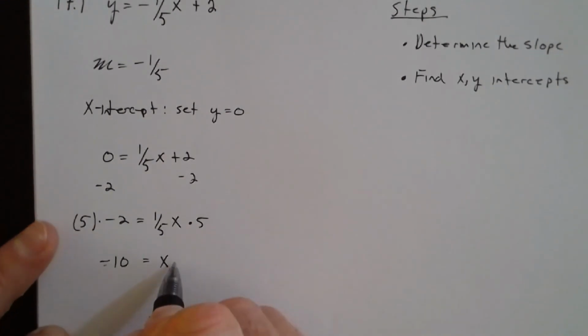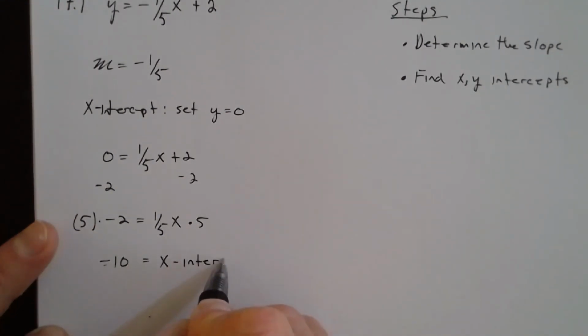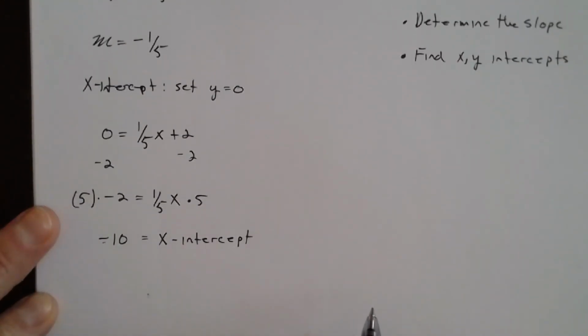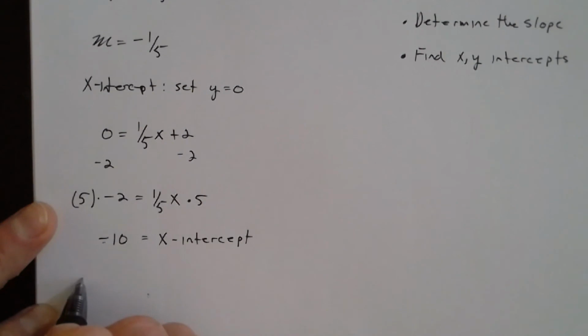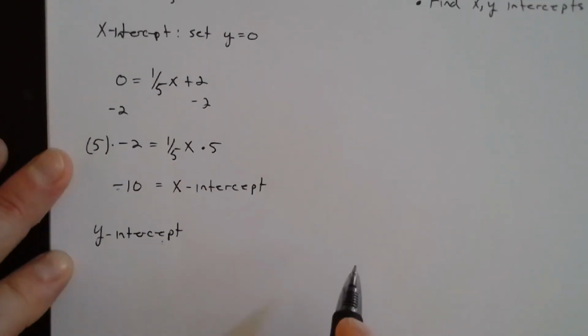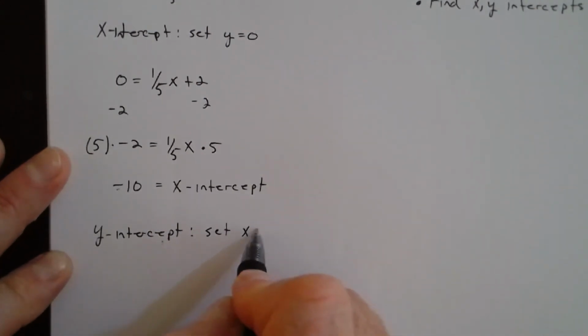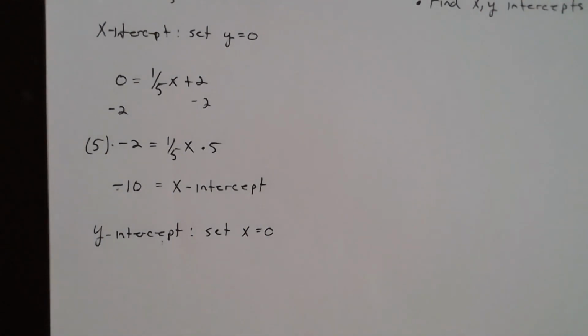Okay, so this is our x-intercept. Now we have to find our y-intercept. Our y-intercept is found by setting x to 0 and then solving for y.